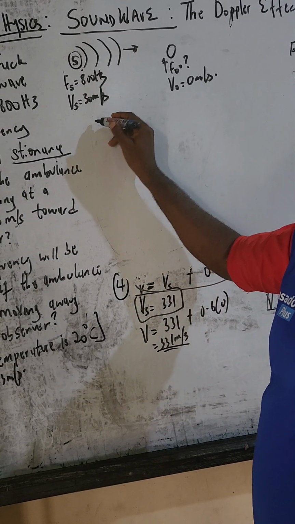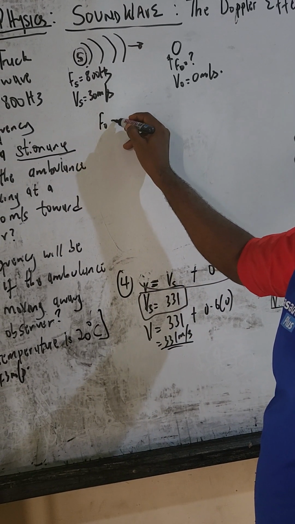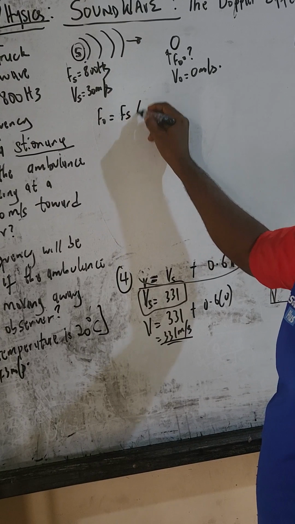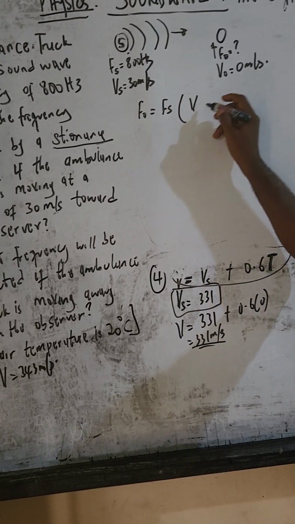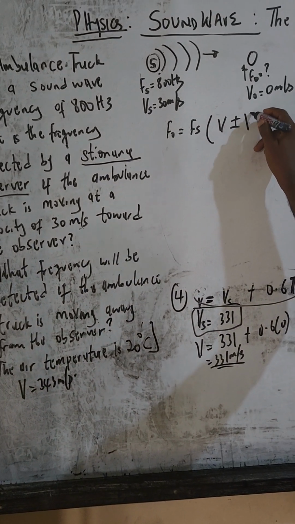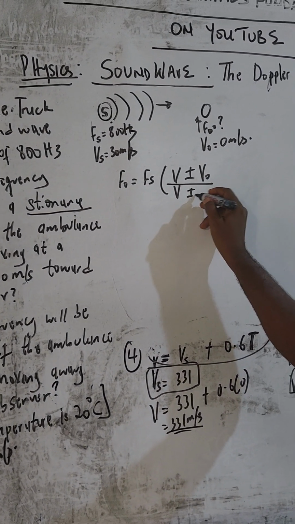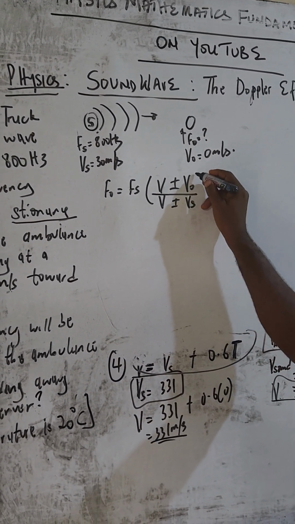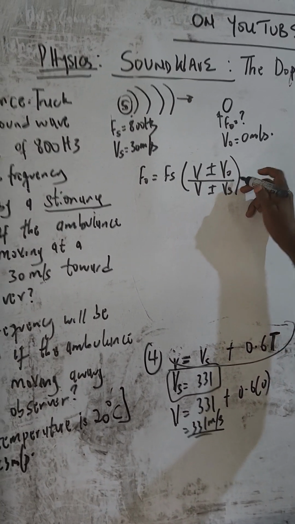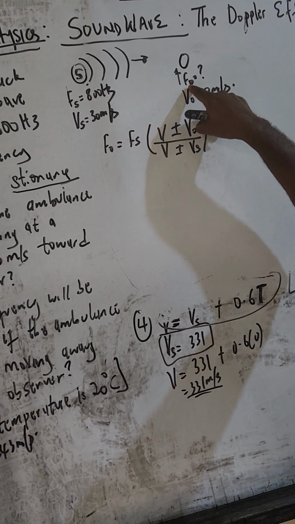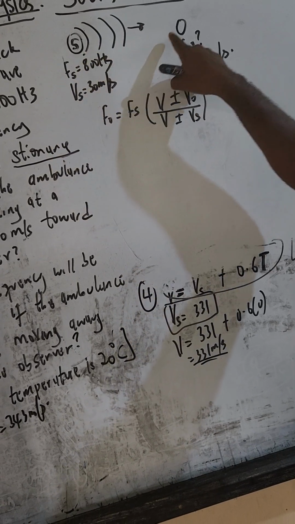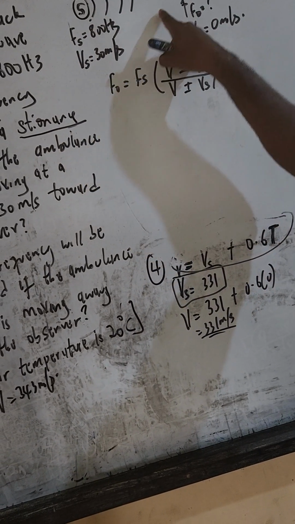Now, the relationship between the frequency of the observer and the source is the velocity of sound in air, plus or minus velocity of the observer, divided by velocity of the sound in air, plus or minus velocity of the source of the sound wave. Now, when we talk about increment here, because the source is moving towards the observer, the frequency f0 must increase.